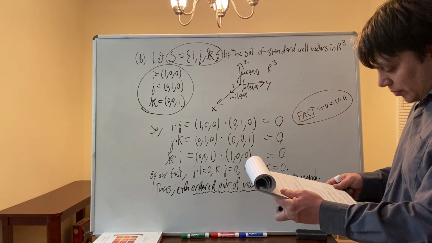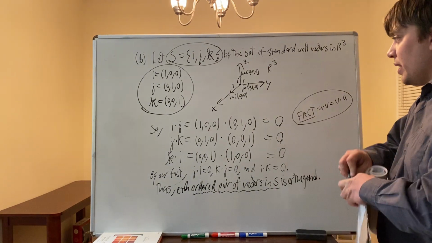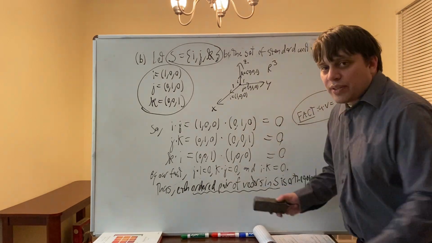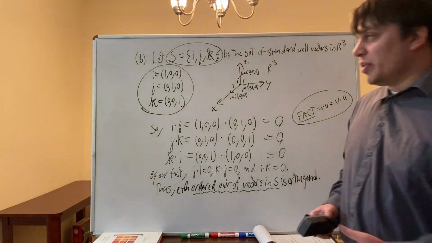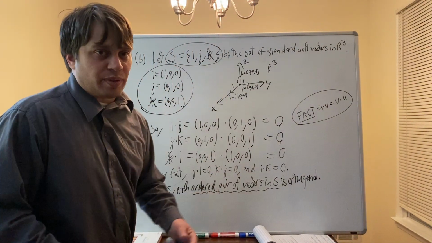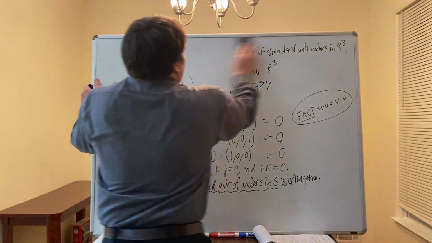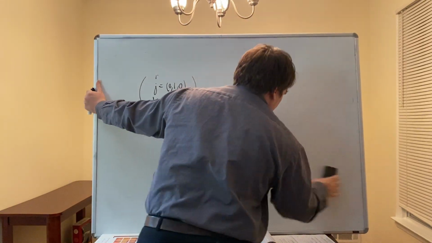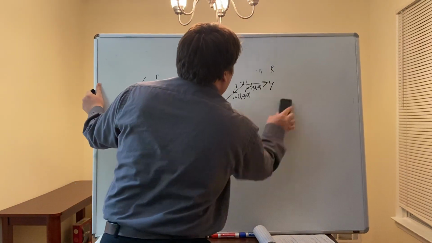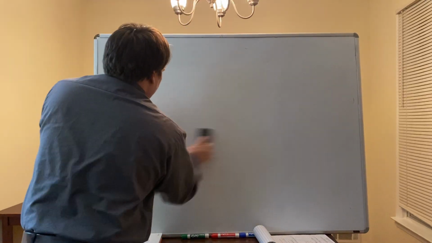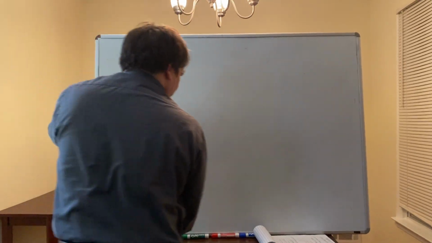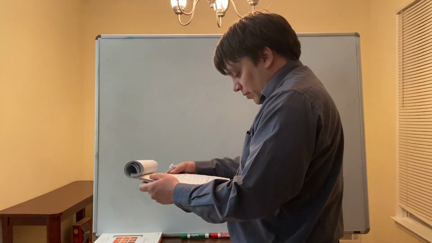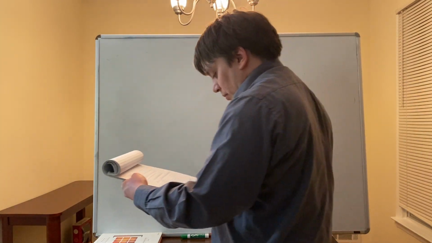Okay, let's keep going. So basically what I said, if you take any 2 standard unit vectors, they're orthogonal, they're perpendicular, because their dot product is 0, using the Euclidean inner product.